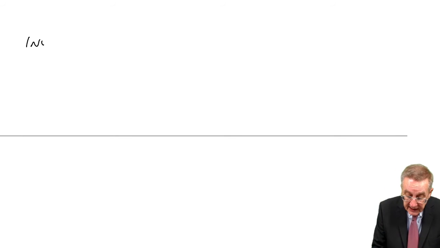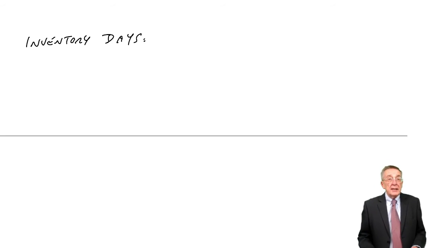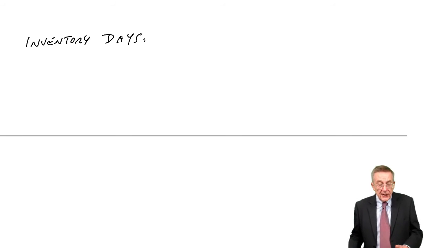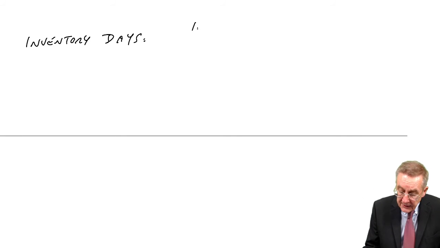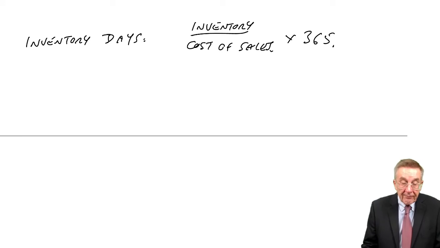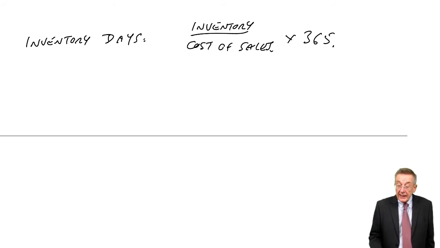Finally, the one I left till the end, if we jump back, inventory days, is looking at how many days our inventories are likely to last for. It's the inventory over the cost of sales times 365.